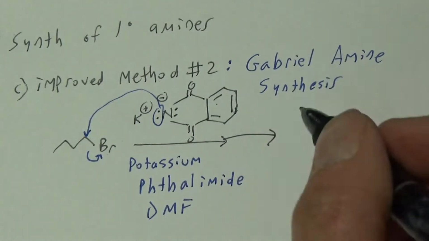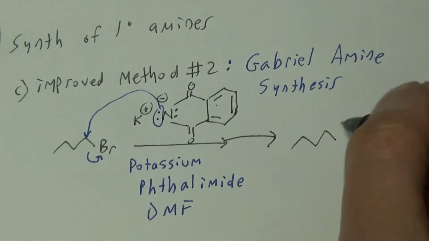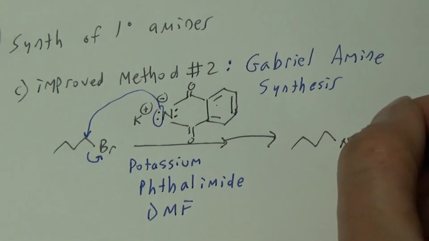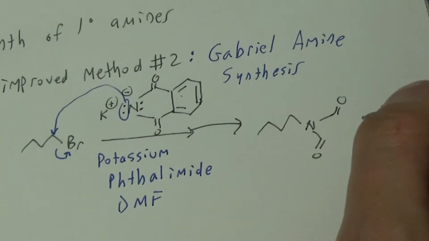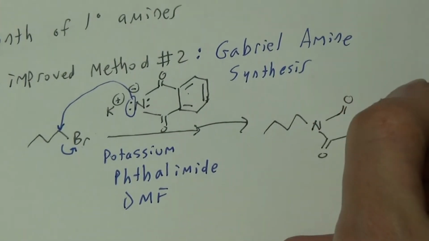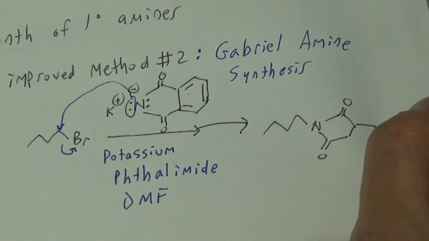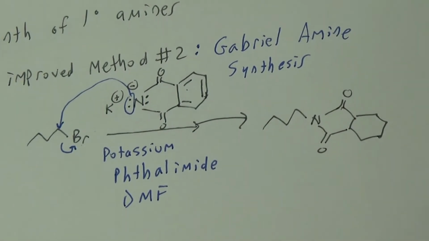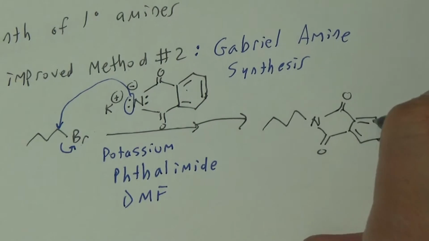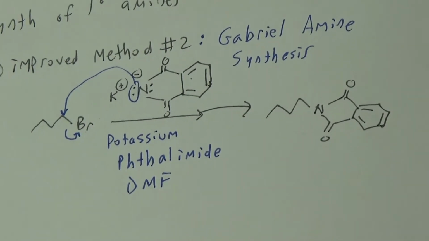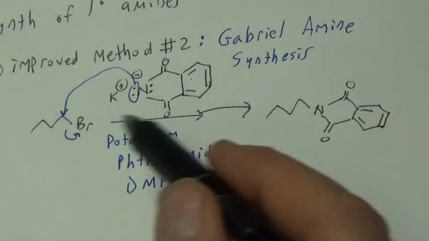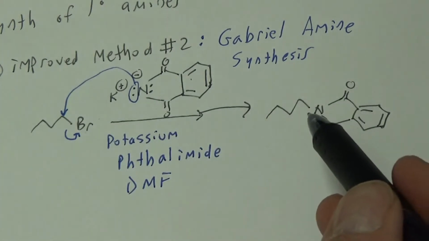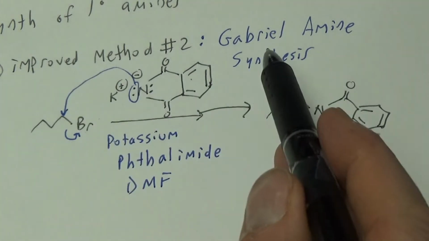These things are attached now, and now you have nitrogen, double bond O, bond, benzene. Don't forget your benzene double bonds. So all it does is SN2, and this is a clean SN2, so you don't have to worry about multiple alkylations. And that's why we call it an improved method.